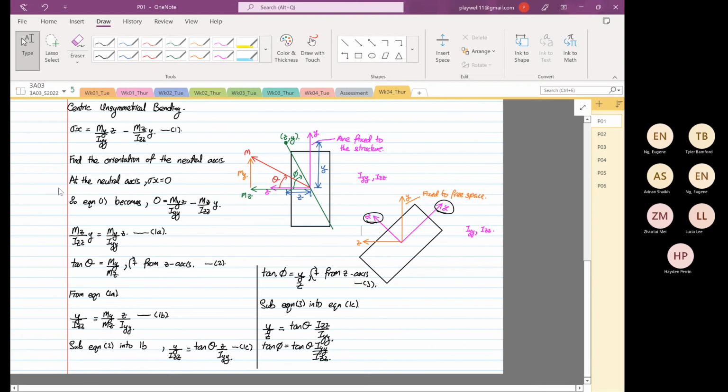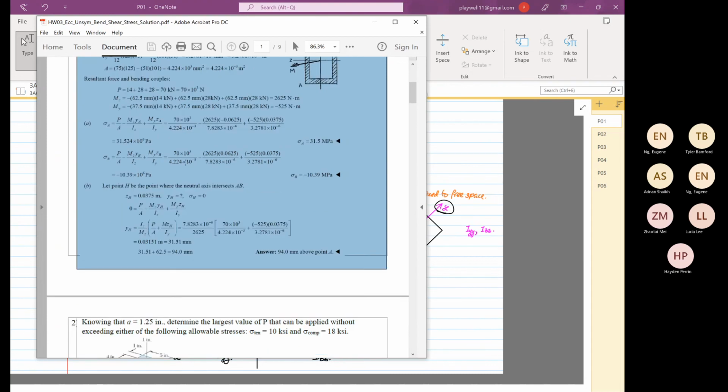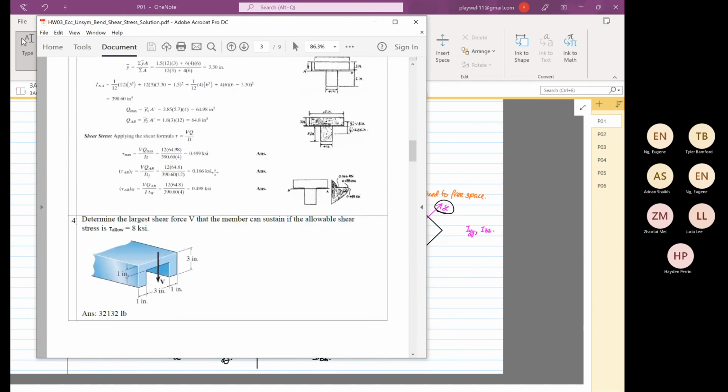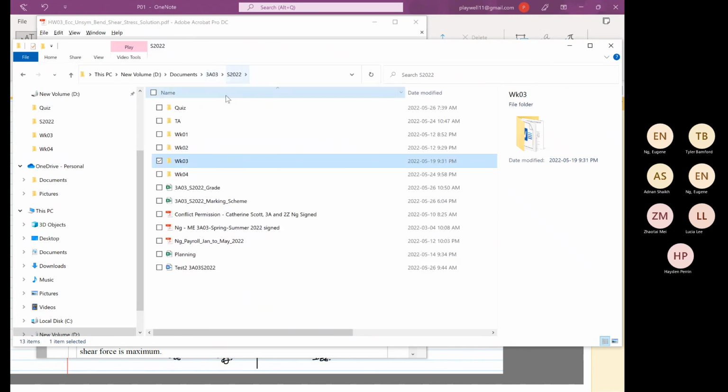All you need to do is this formula is provided, okay, and you just need to remember how to draw this diagram. Okay, these are the key points.